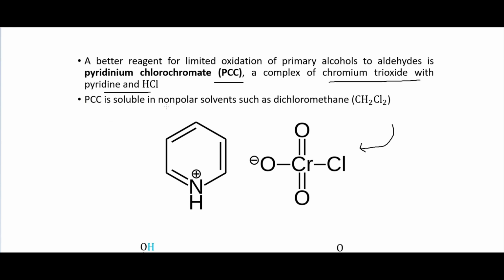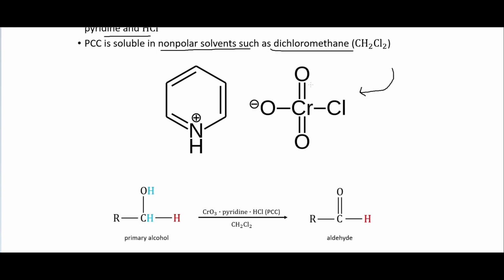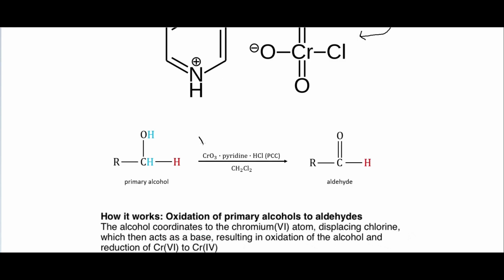It's soluble in non-polar solvents such as dichloromethane, so this is good for using on organic molecules. We take our CrO3, our pyridine, and our HCl, and all of those things together we just call PCC, and we can do this in a solvent of dichloromethane, and that will turn our primary alcohol into an aldehyde.